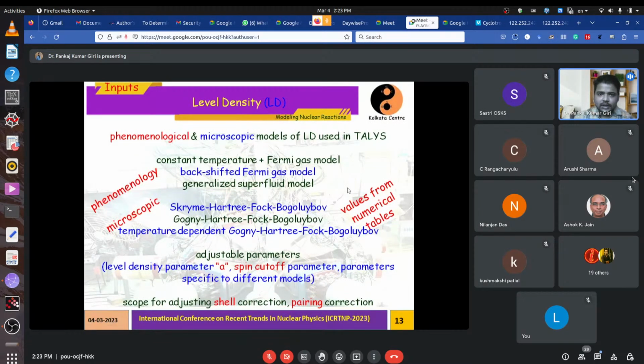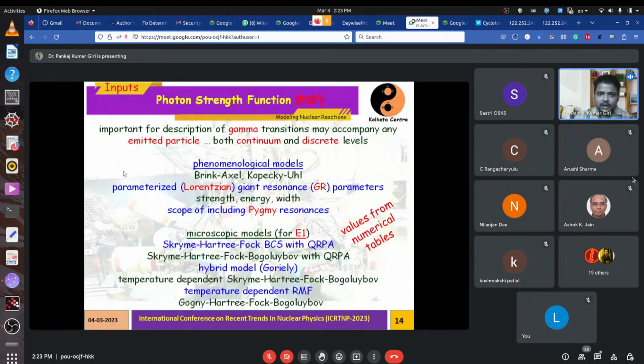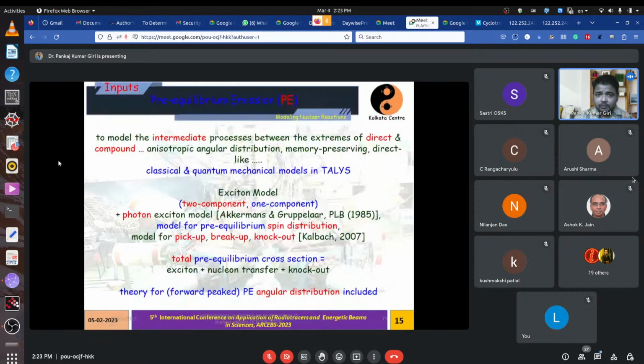And for the photon strength function, similarly there are phenomenological and microscopic models. And for pre-equilibrium, there are several models included in the TALYS code, like the two-component and one-component exciton models.